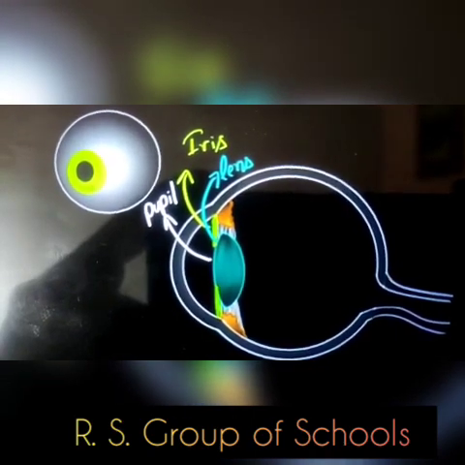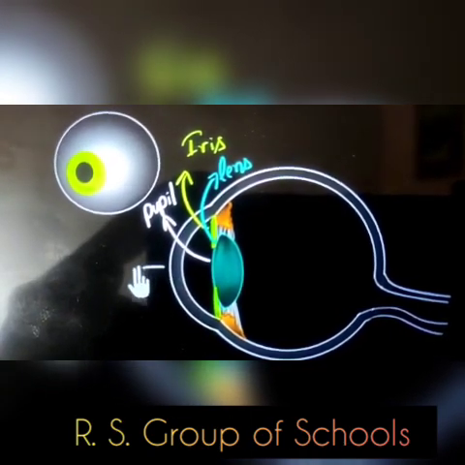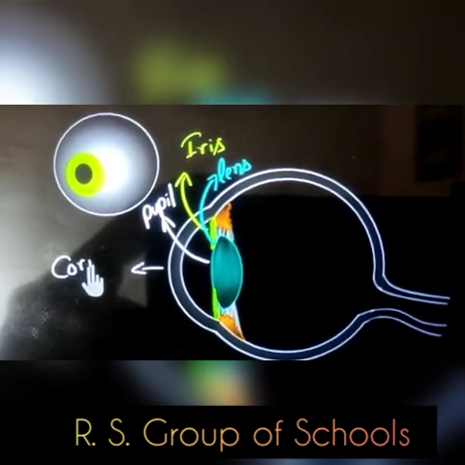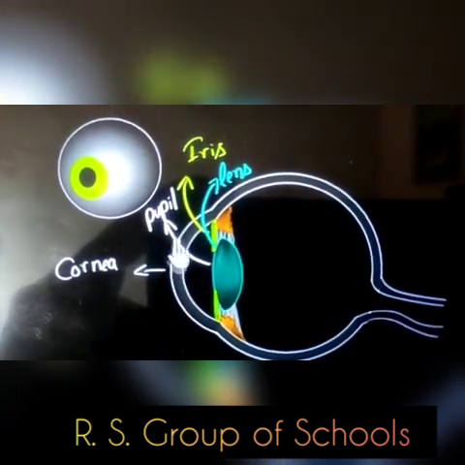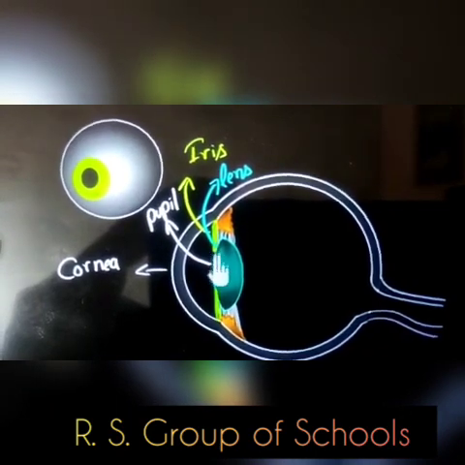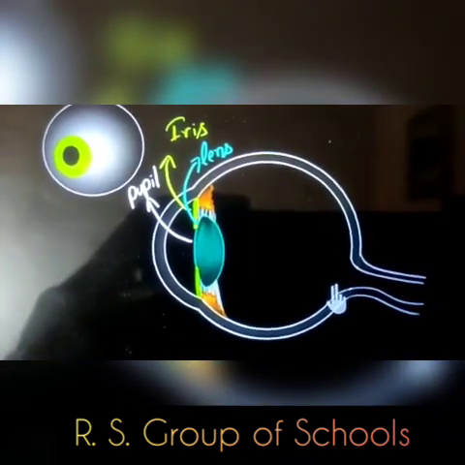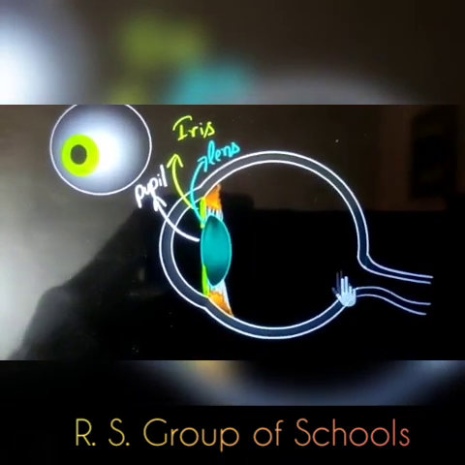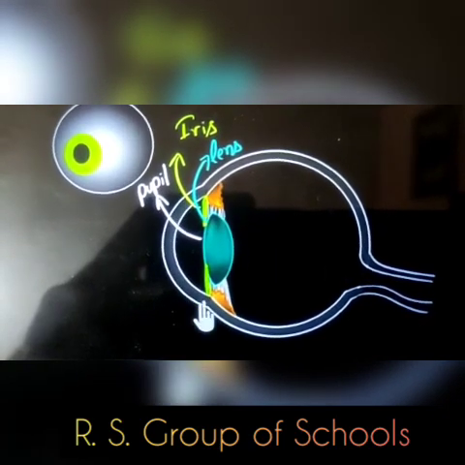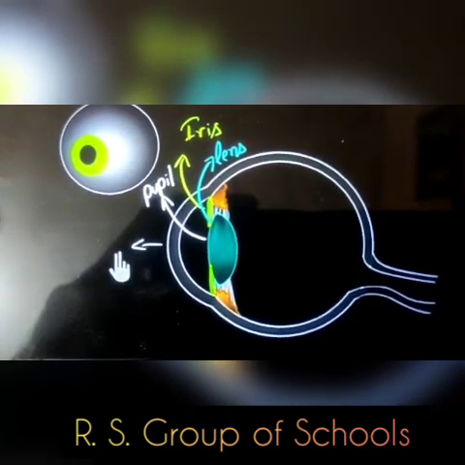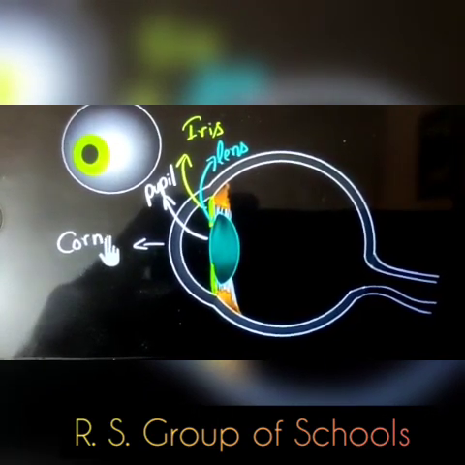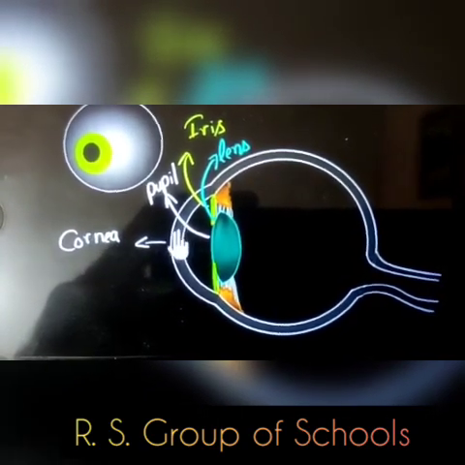This one is the cornea, the front part from where light enters the eye, and the lens focuses this light ray onto the screen that is called the retina.